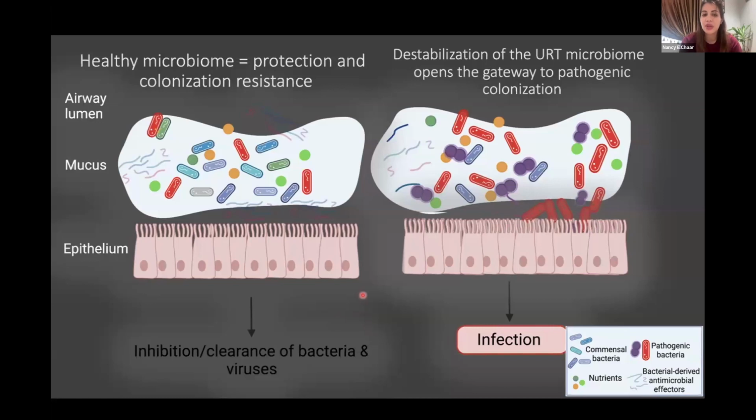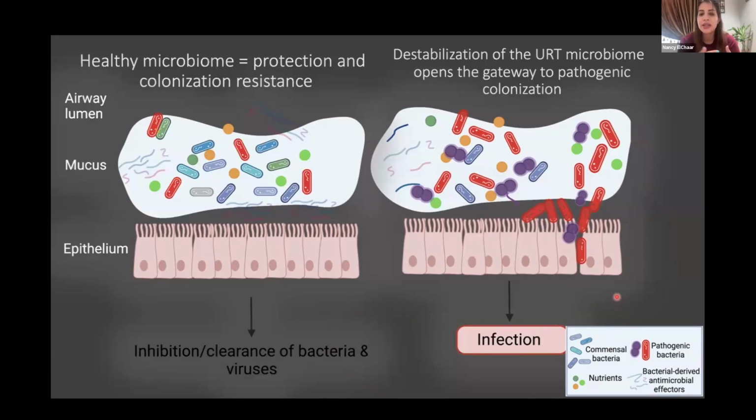A healthy and stable microbiome is protective, but when there is a disruption in the microbiome, for example during the overuse of antibiotics, it can lead to the microbiota becoming less diverse and to decreased colonization resistance. Here we see uncontrolled growth of the pathogen, and this high bacterial load in the upper respiratory tract can lead to the bacteria entering the lower airways, or the pathogen might attach to the epithelial cell, disrupt the epithelial barrier, and enter the bloodstream, where it can lead to systemic infection.